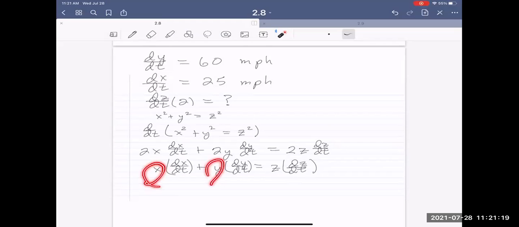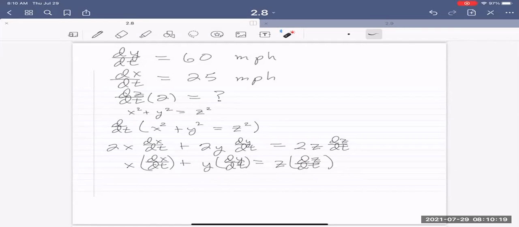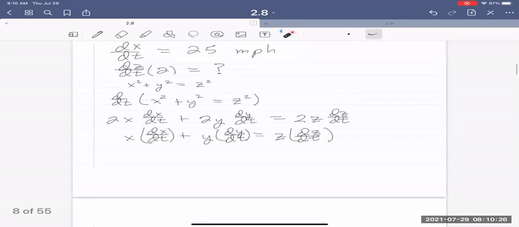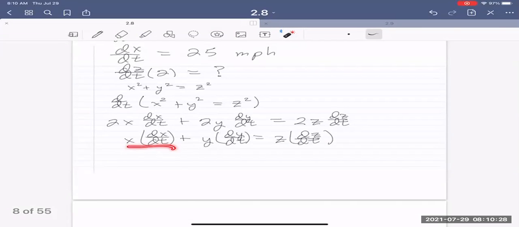But I don't know x, y, or z. So the problem is that there are things that I don't know yet. Because of that, I'm going to have to try to figure out each of those. So before I can do this, I've got to stop here and do some further calculations before I can plug into this equation.